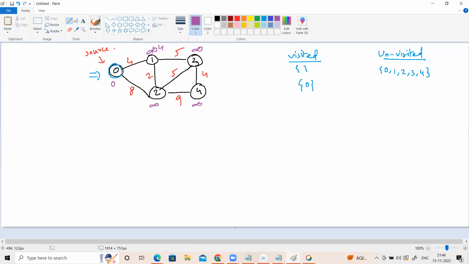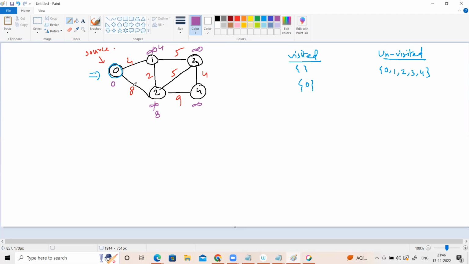Similarly, if we want to travel from 0 to 2, the cost is 8. The minimum between 8 and infinity is 8, so we discard infinity and put 8. You can assume this cost means the distance between these two nodes.